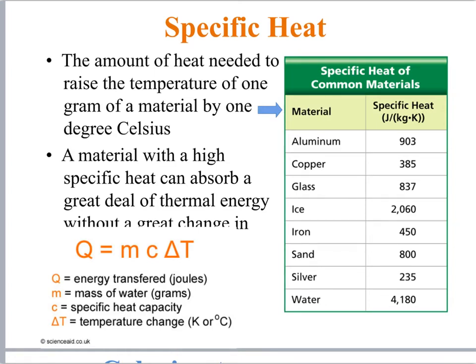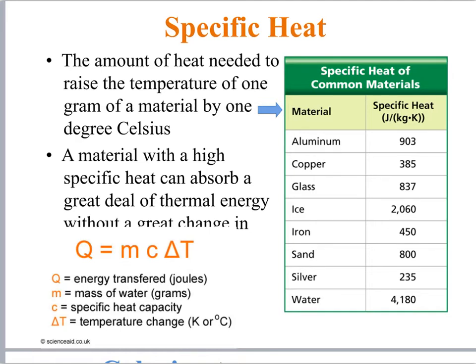All right, we're getting into the concept of specific heat. This is a very important concept that has many applications, whether it be to particle science, to weather and climate. So it's really important.